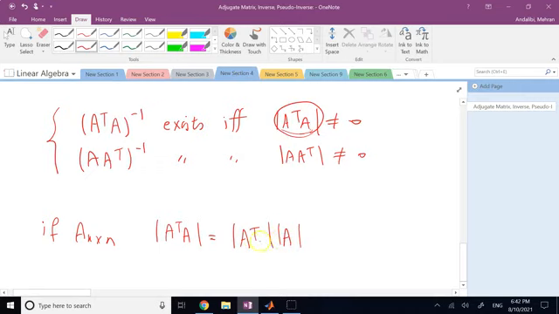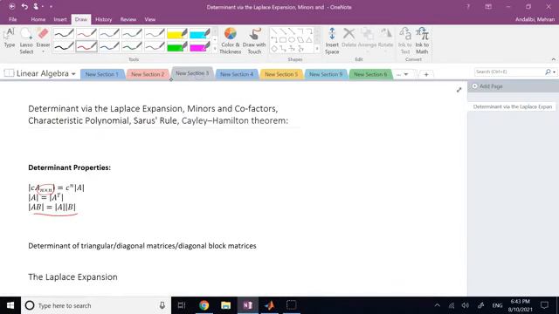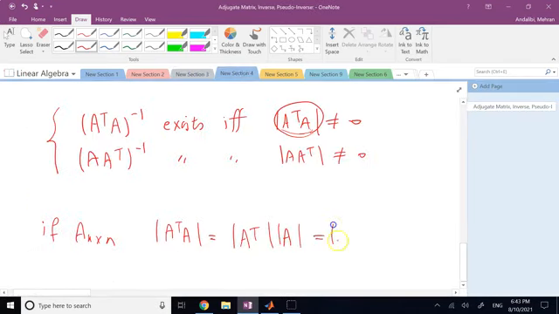And if you remember, the determinant does not change because of transposing, right? You have it here. So this is going to be determinant squared. So this is not 0 when the determinant of A is not 0, of course. But here the problem is A is not square, so I cannot separate it like this, and I cannot write it this way.